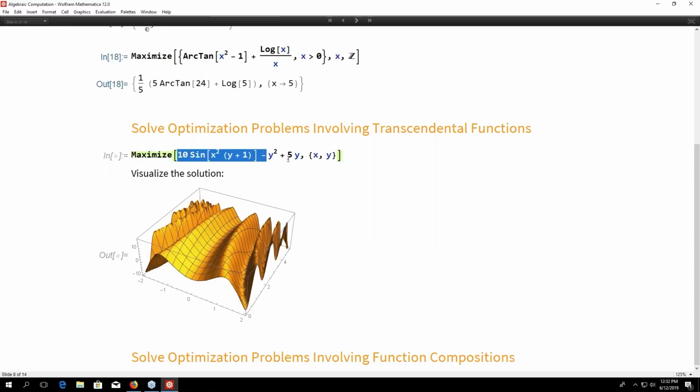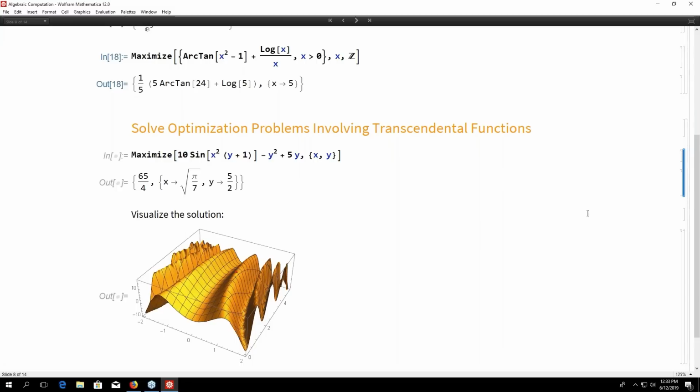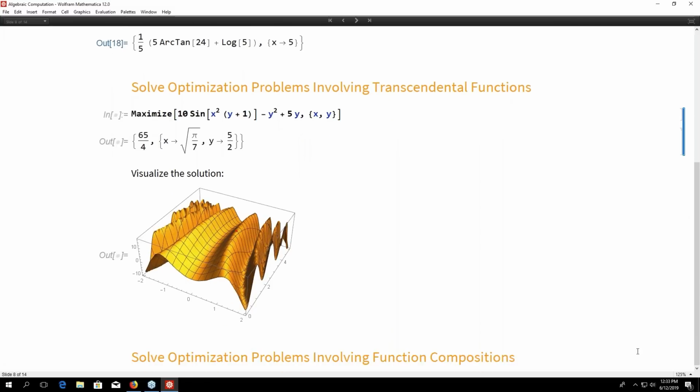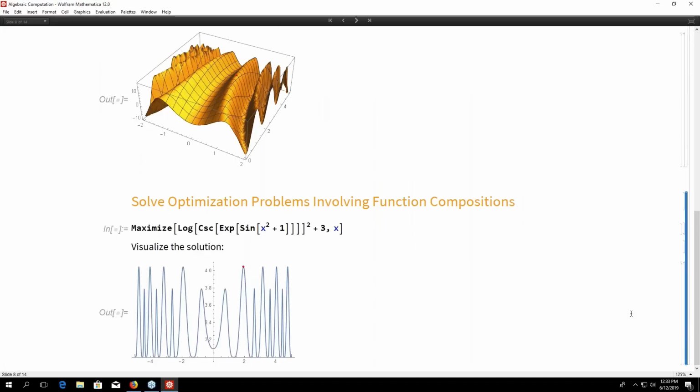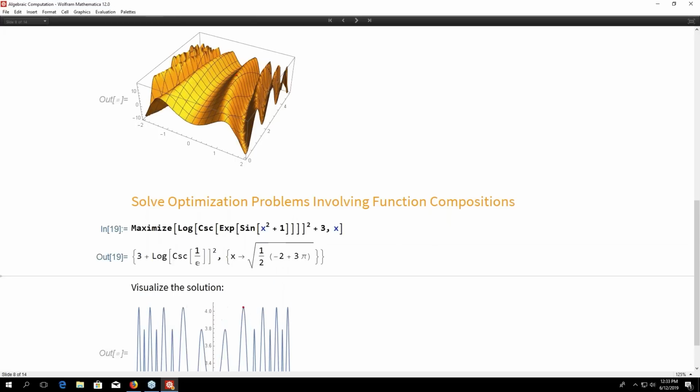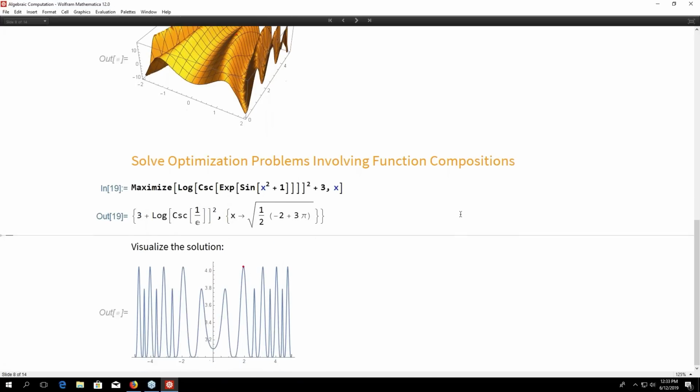We maximize this function over the whole R2, and here is the maximum. We can visualize it. Here is what it looks like. And now we can solve another class of problems, problems involving function composition. So we can have quite deeply composed functions, and we can compute the maximum of this function. Here is the plot and the maximum point.